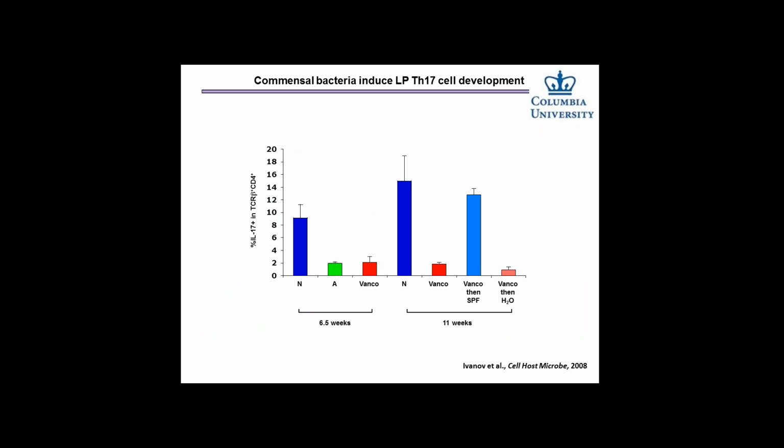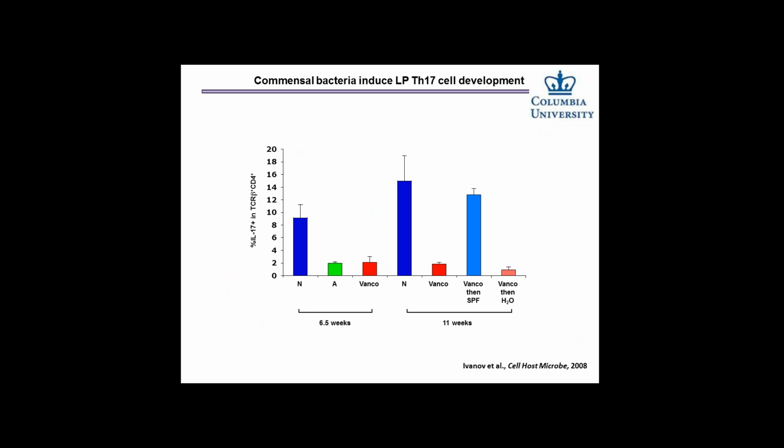And I'm just going to show a few slides to show how we address that, because I think that's a good example of how the role of microbiota and identification of a particular member of the microbiota can be carried out when an effect of microbiota is suspected.